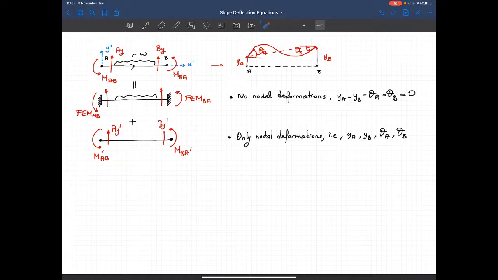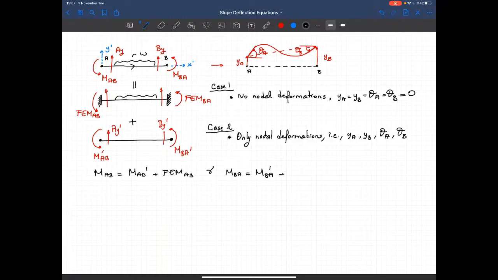Now we will start working on this case. Let's name the cases. So this is our case 1. This is our case 2. Okay, I'm doing a superposition. And at the end of the day, I will have MAB is equal to MAB prime plus fixed end moment AB, and MBA is equal to MBA prime plus fixed end moment BA.